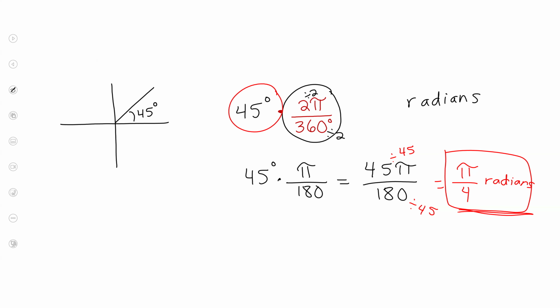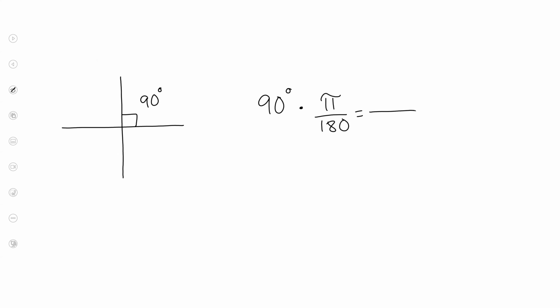Let's do another example. Let's say I have this angle right here. What degree is this? It's a 90-degree angle. So 90 degrees, let's turn it into radians. I'm going to multiply by pi over 180. This is equal to pi over what? 2.